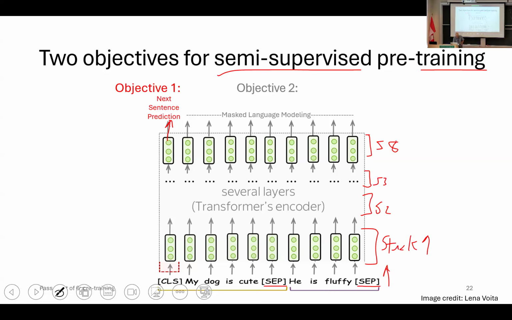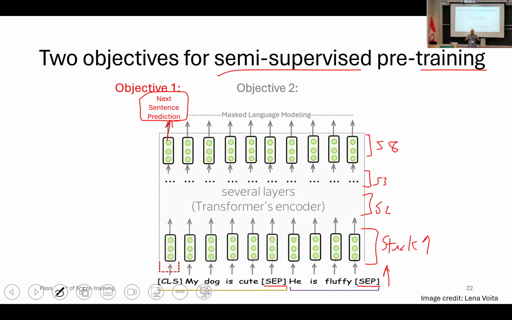The very first vector was used for next sentence prediction, meaning that that vector was then, let's say, given to a binary classifier, and it was trained based on 50% pairs of sentences which made sense one after the other, and 50% sentences which were randomly patched together.